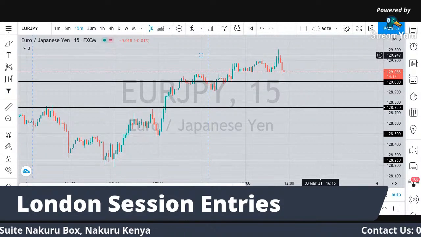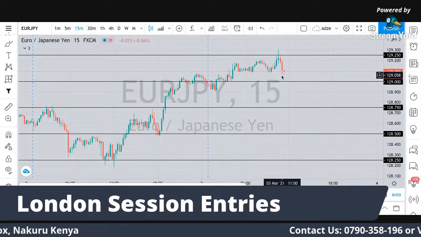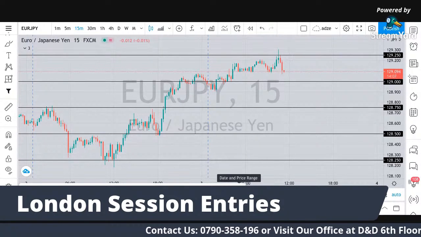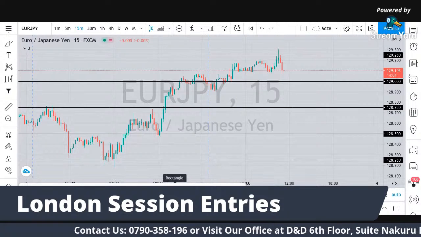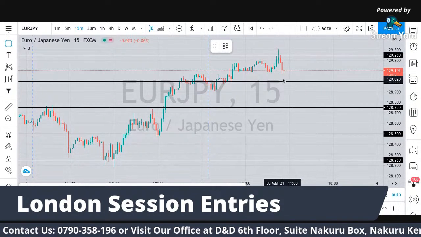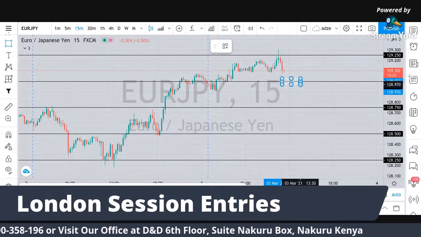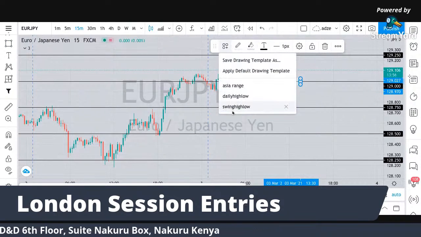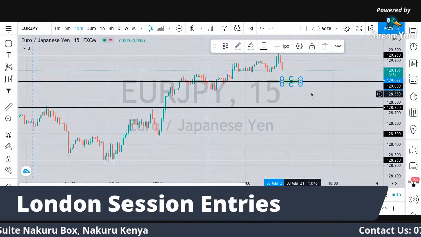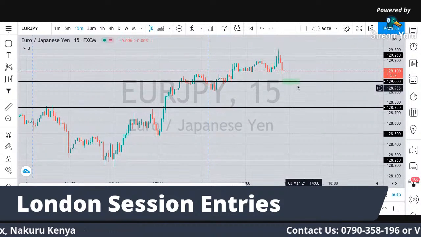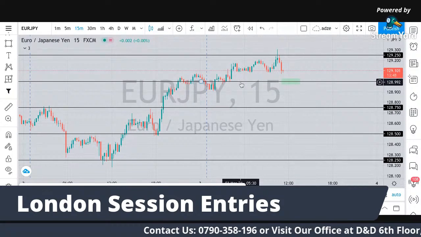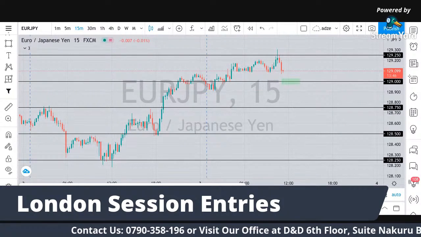Now what I'm expecting is price to come to this level. This is where I'm expecting price to come, because it's an institutional level of 129.